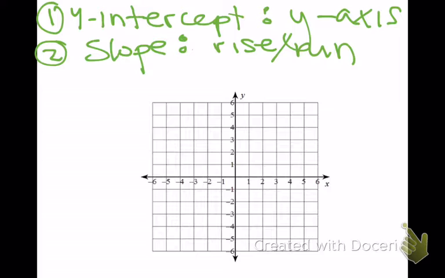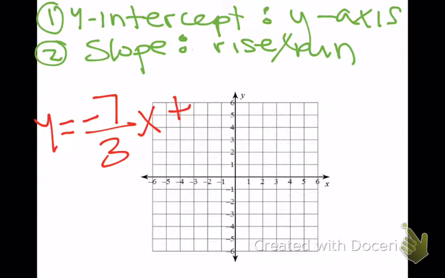So just one quick thing I do want to go over is if you have an equation like the following, like y equals -7 over 3x plus 1 or something like that.